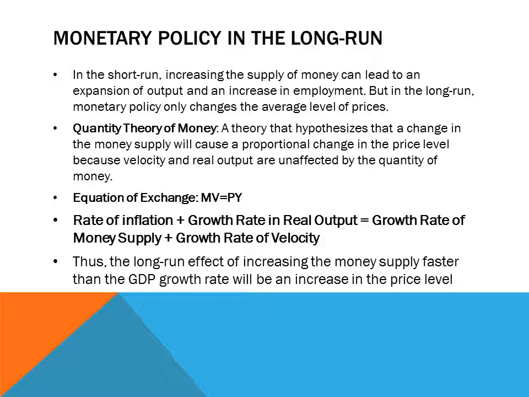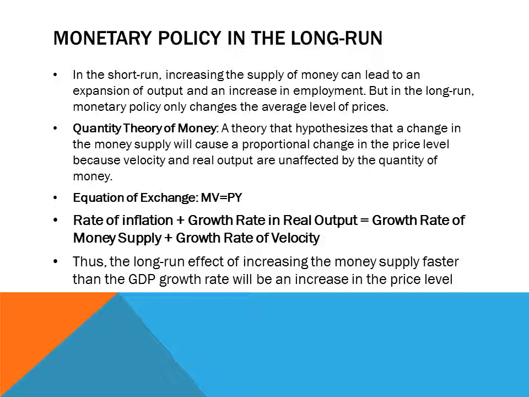The equation of exchange is used under this theory, and we have MV equals PY. M represents the money supply, V represents the velocity of money, P is the average price level, and Y is GDP, or national income. This can also be represented in the following relationship.